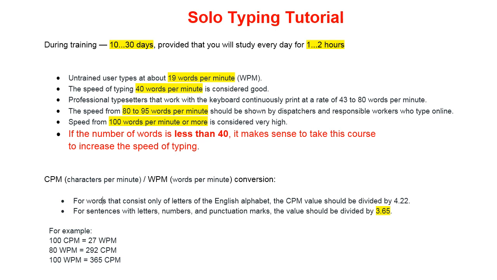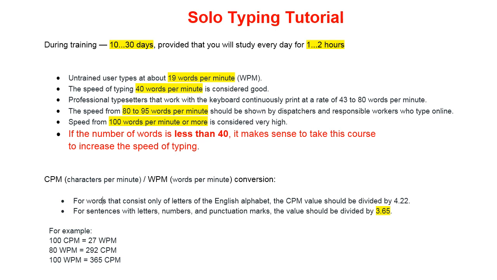For sentences with letters, numbers, and punctuation marks, the value should be divided by 3.65. To freely type English, you need to be able to work with letters, numbers, punctuation marks and special characters. Therefore, to calculate the WPM speed, the Solo Typing Tutorial speed must be divided by 3.65.